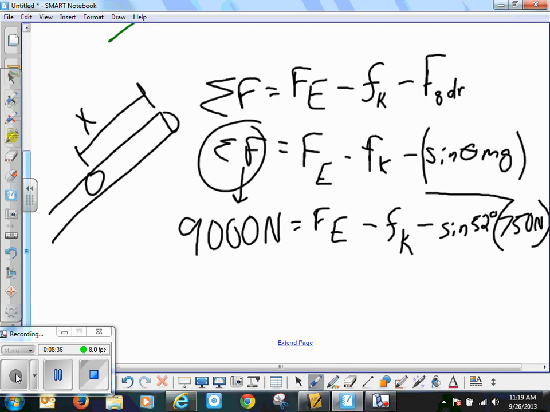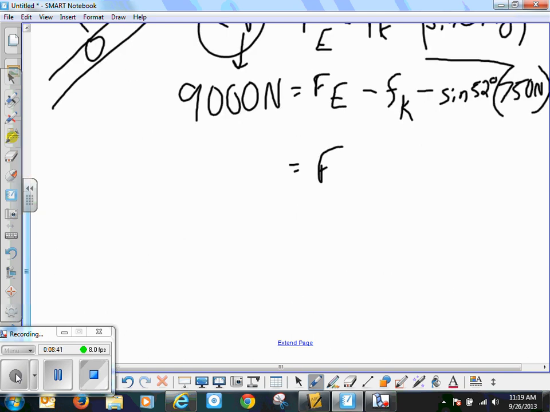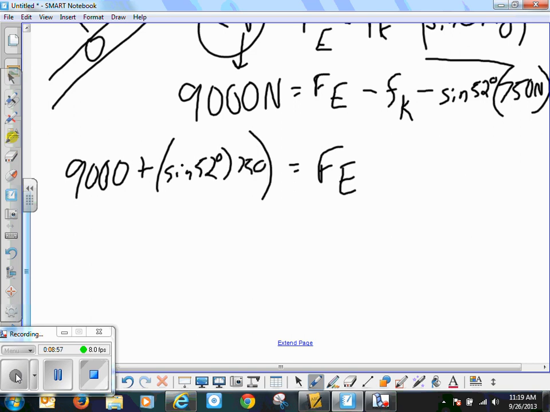So if you solve finally for the force of the explosion, it's going to be 9,000, or whatever your number is, plus the sine of 52 times 750, plus the force of kinetic friction, and that finally equals the force of explosion.